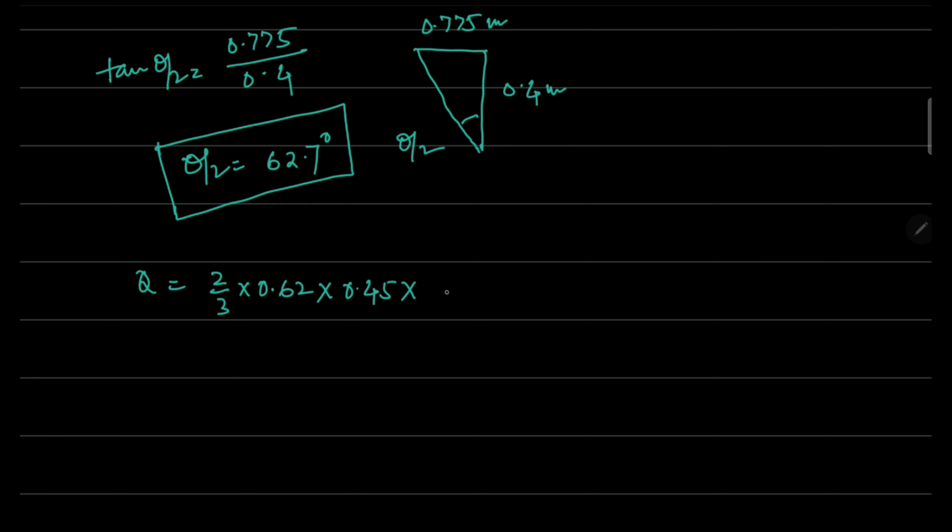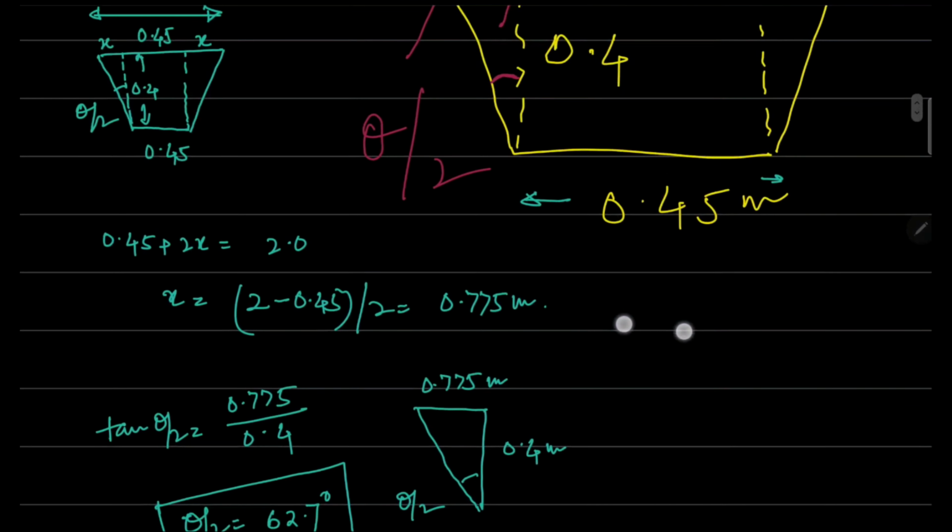Under root 2g value is coming out to be 4.4294, multiplied by h raised to the power 3 by 2.